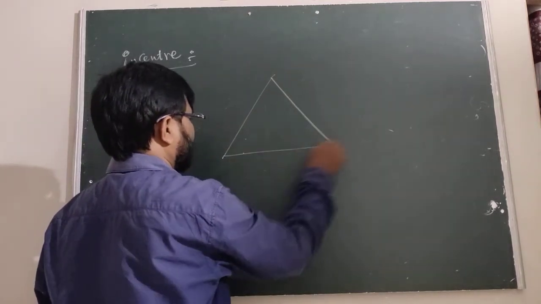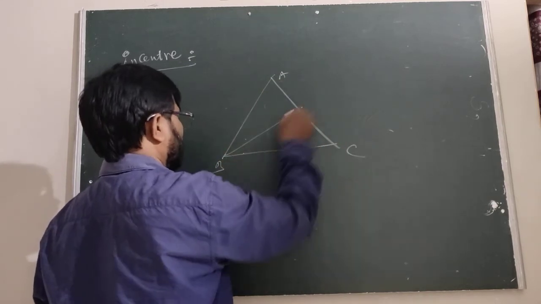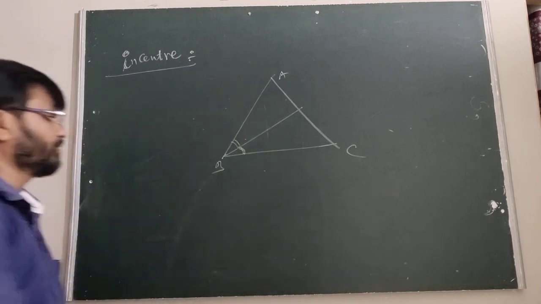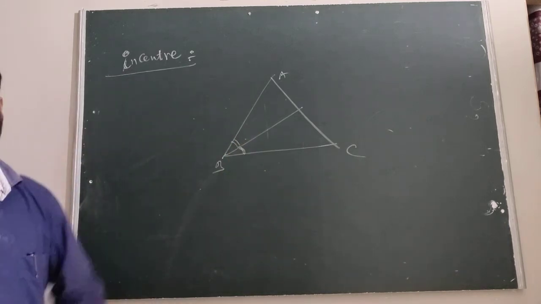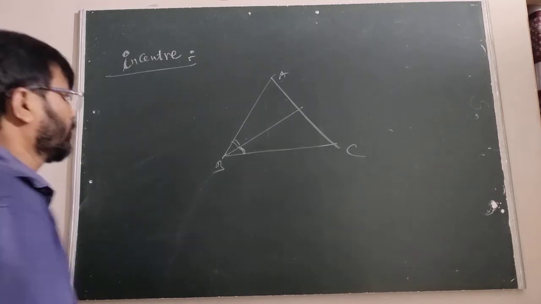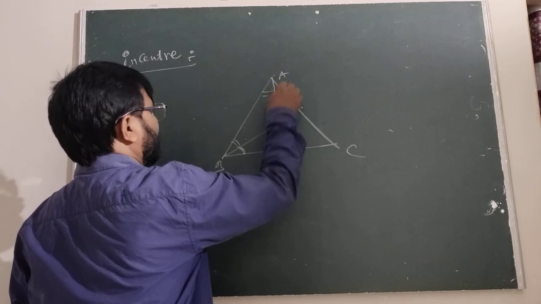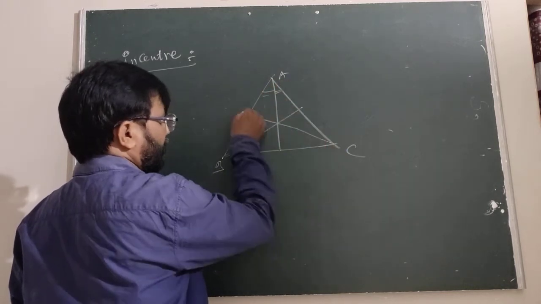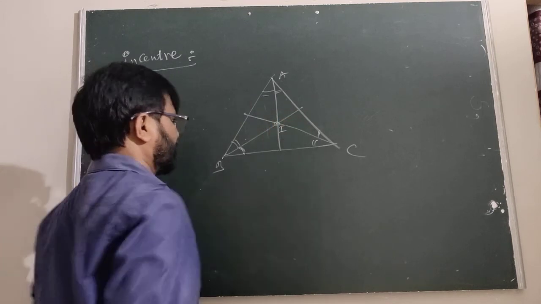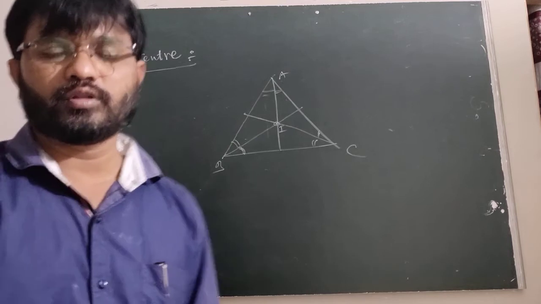Suppose this is A, this is B, this is C. Here the line which bisects the internal angle of the triangle is called the internal angular bisector. Therefore, the point of intersection of the internal angular bisectors is called the incenter.